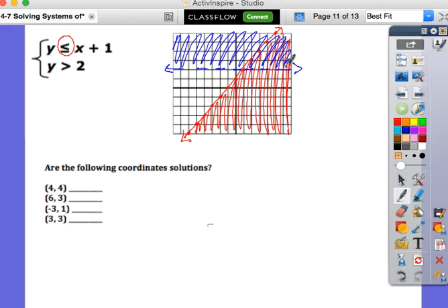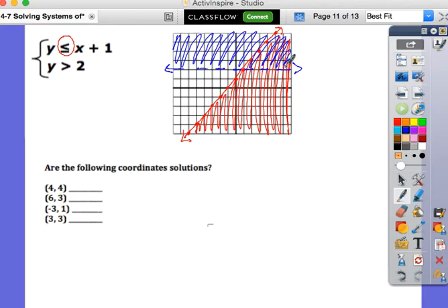So we need to answer some questions here about our graph. Okay, so, are you guys with me?